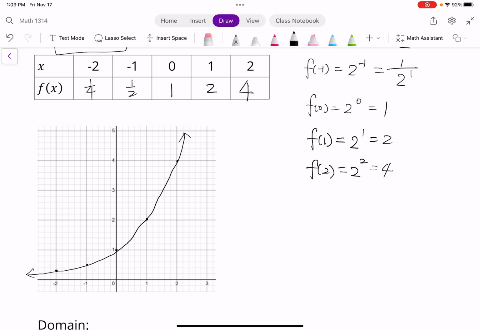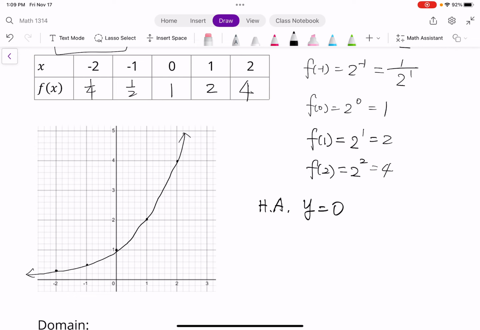Okay, then what is the horizontal asymptote if I look at the graph? The definition is there is a horizontal line that my graph gets close to. Obviously, from the graph, you can tell the horizontal asymptote is y equals 0. So how to prove it?